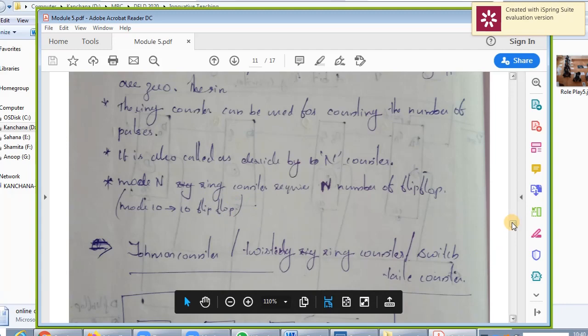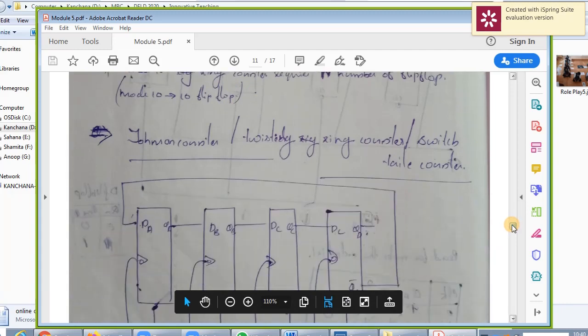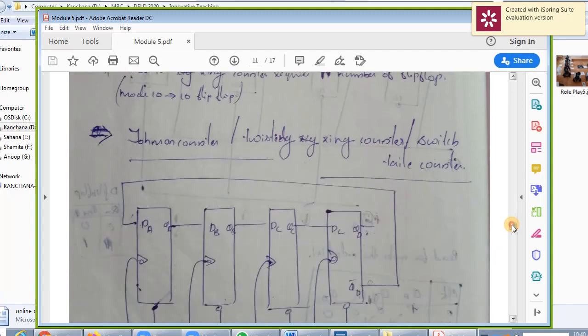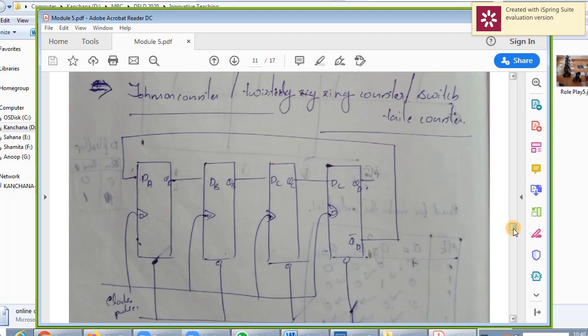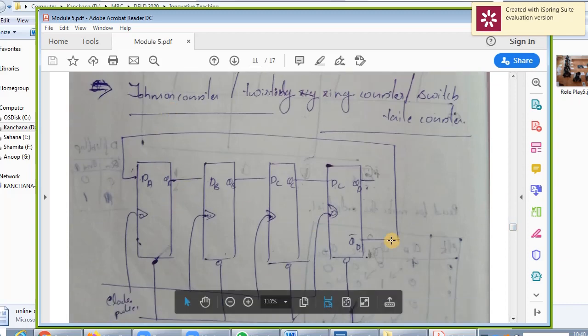Okay. The next one is the Johnson counter. This is also very important. Another name for Johnson counter is twisted ring counter. Another name is switch tail counter. That's a different name. So this is also a 4-bit Johnson counter. It is the same thing as the ring counter, but with only one difference.